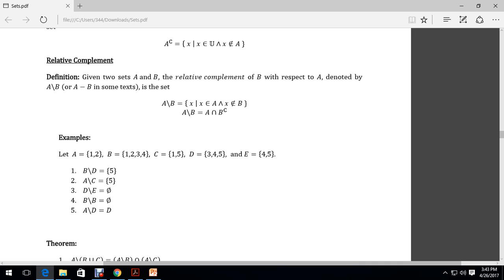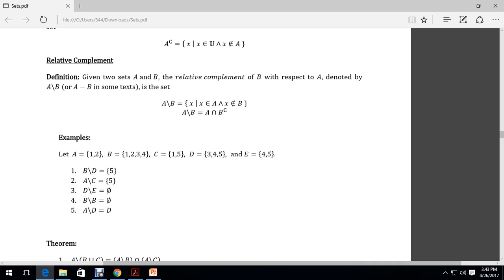Therefore, 5 would be the answer for the relative complement of D with respect to B. Okay, so I hope that is clear. Now, applying the same for number 2, we have the relative complement of C with respect to A. So, the set of elements in C that is not present in A is the element 5. Therefore, 5 would be the answer for the relative complement of C with respect to A.